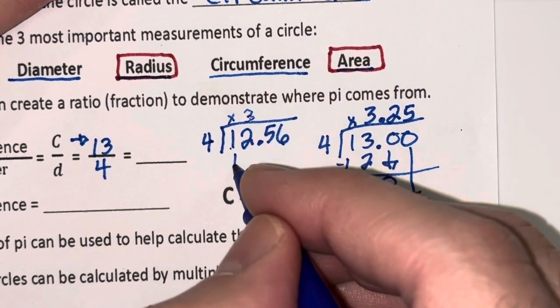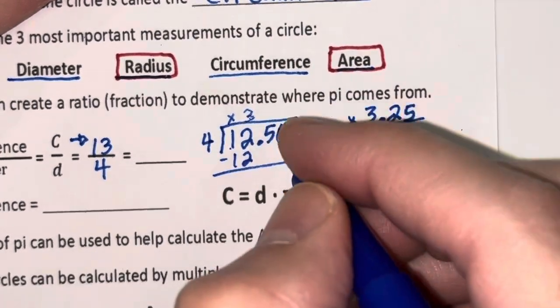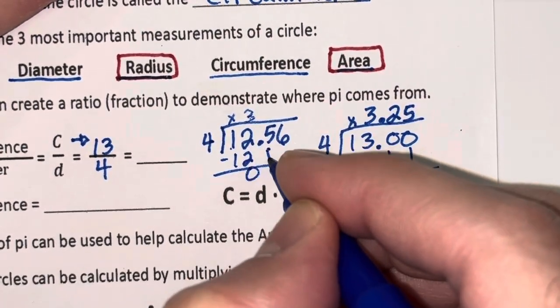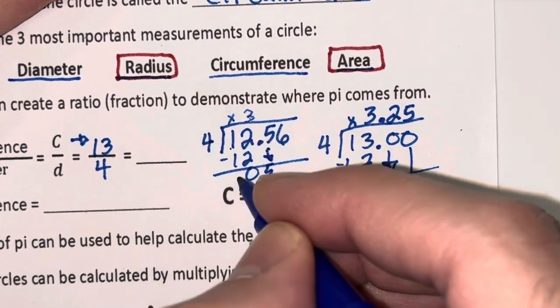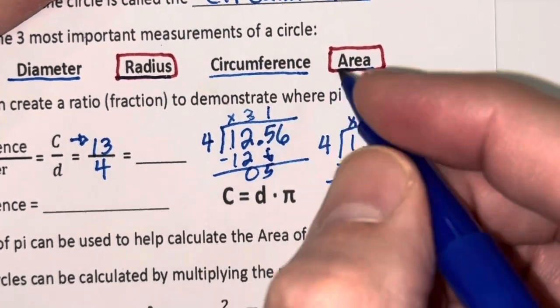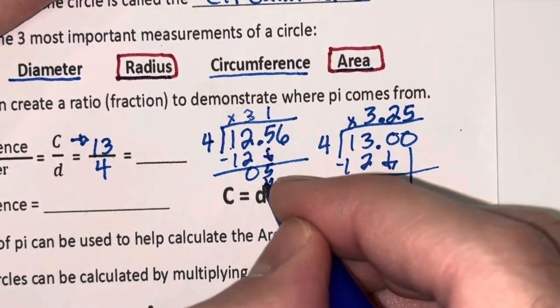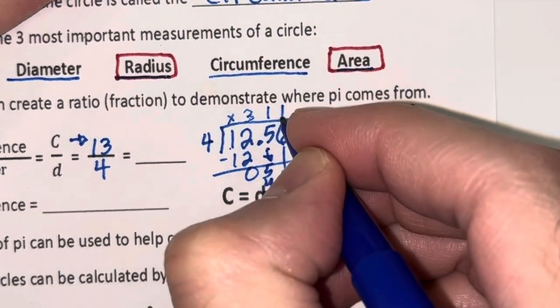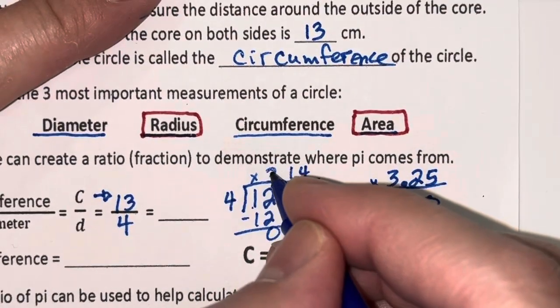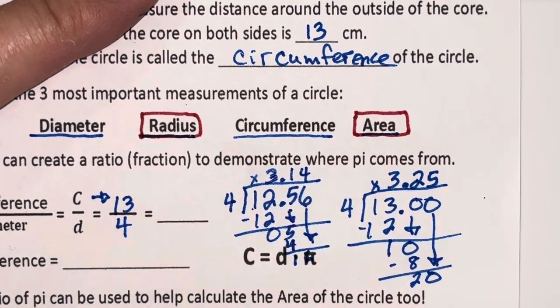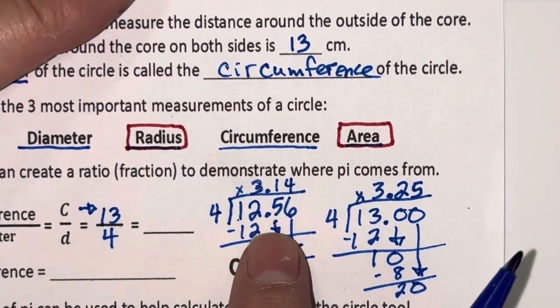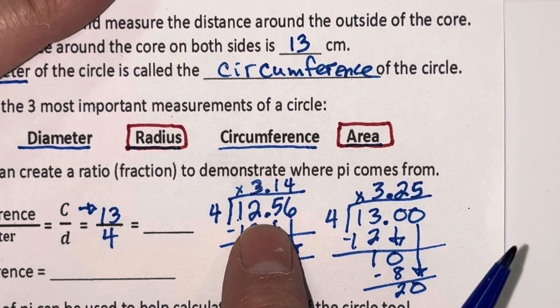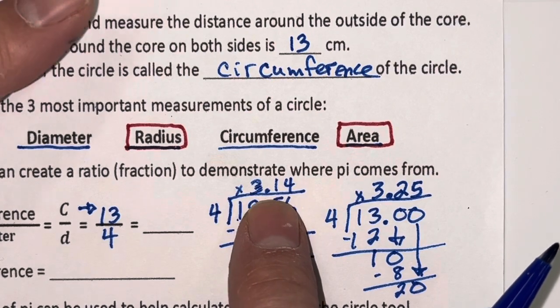There's no remainder. Then 4 goes into 5 one time. So once we're done dividing, we're going to bring this decimal up. So this would be the most accurate measurement in factor that we're going to end up with.